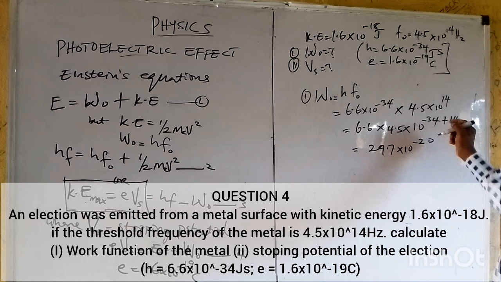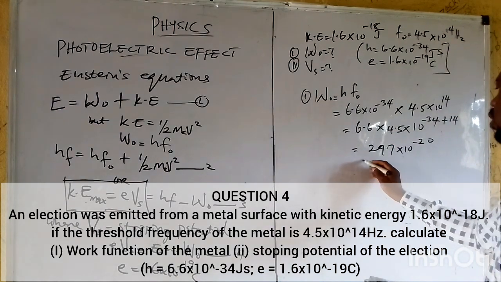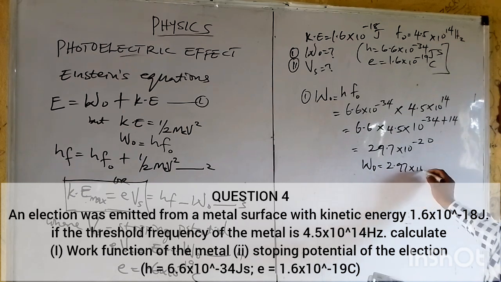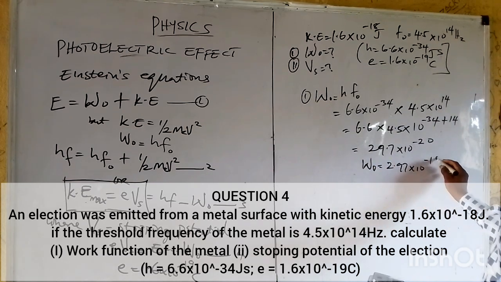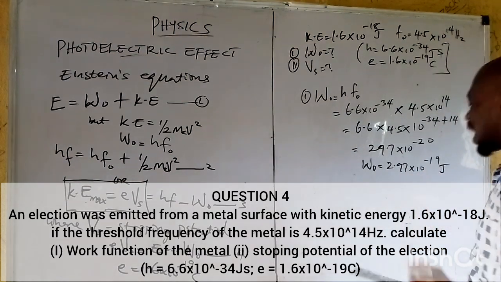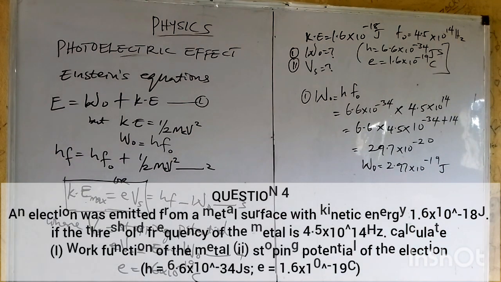Of course, yes, this is minus 20. So the work function is 2.97 times 10 raised to power minus 19 joules. So that is the work function.